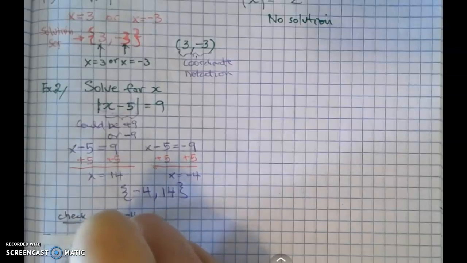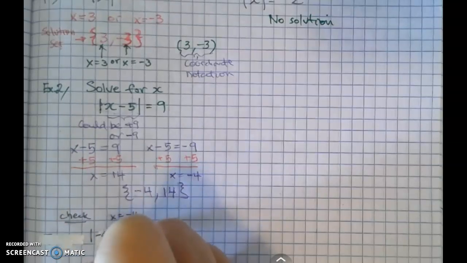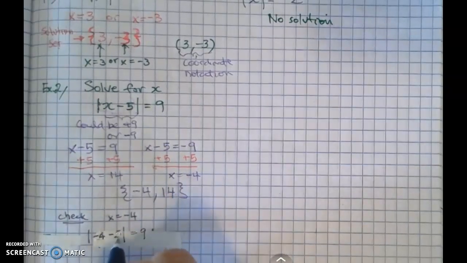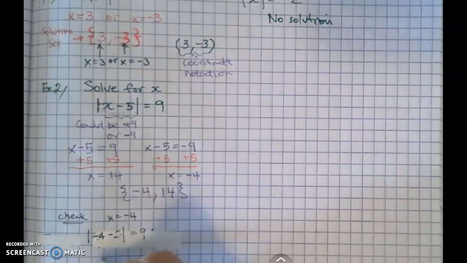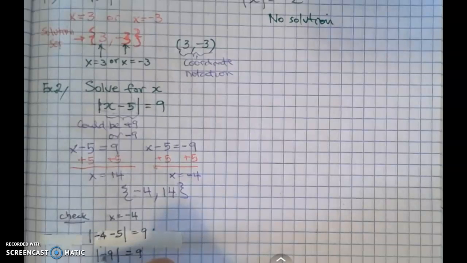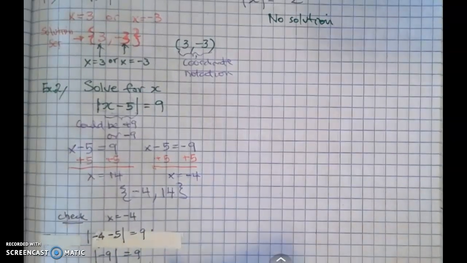Absolute value of negative 4 minus 5 is equal to 9. Is that true? Negative 4 minus 5 is negative 9, and then you take the absolute value of that. The absolute value of negative 9 is 9, and 9 is equal to 9, so that checks out.